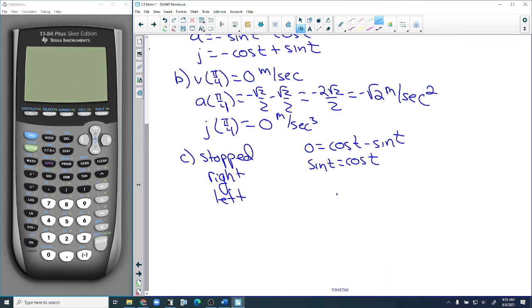Where's the other one? Five pi over 4, that's right. So stopped is t equals pi over 4 and t equals 5 pi over 4. So that's where they're negative square root of 2 over 2.